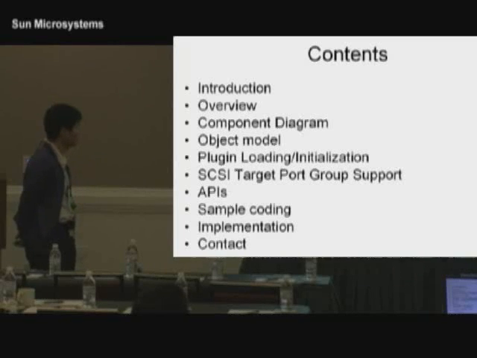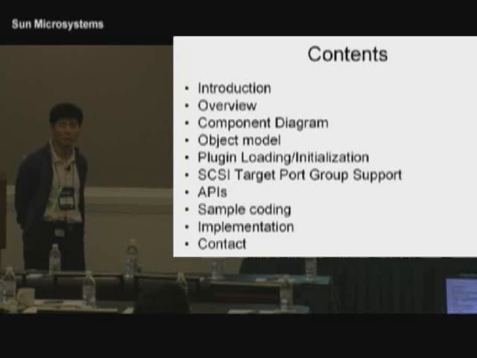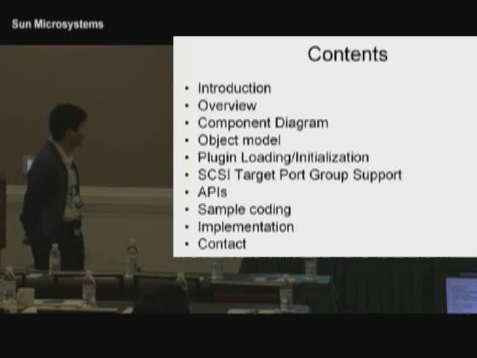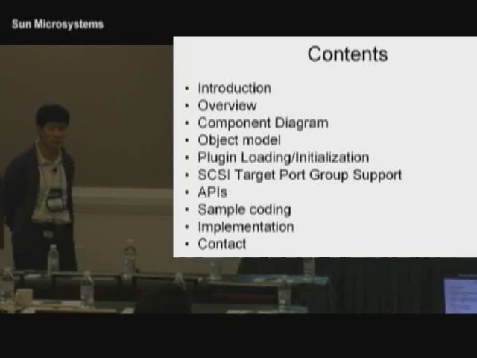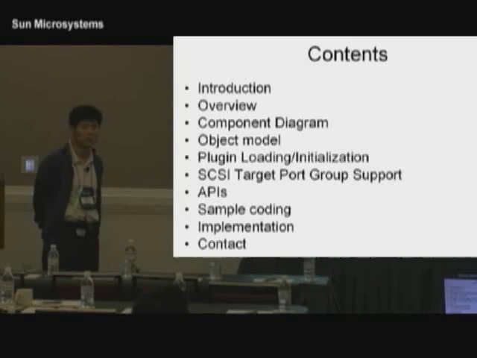And we'll talk about how the SCSI target port group model is incorporated into the MMA APIs. And we'll take a look at the actual APIs, also sample coding. And lastly, we can talk about the existing implementation out there.